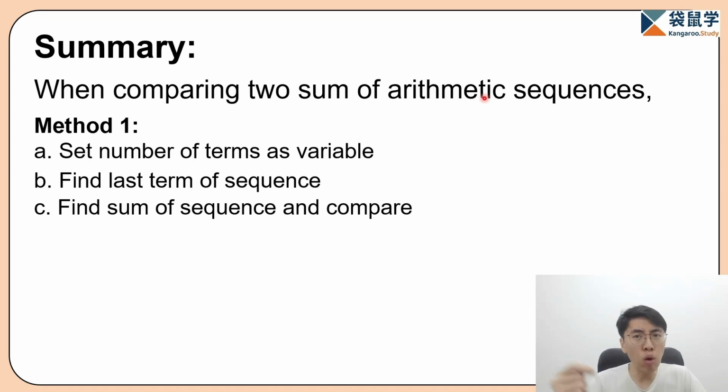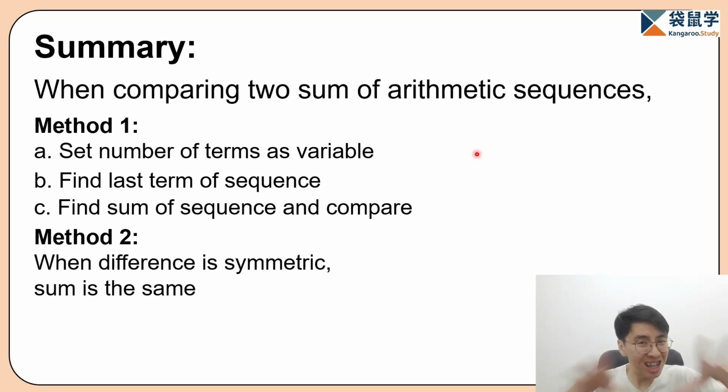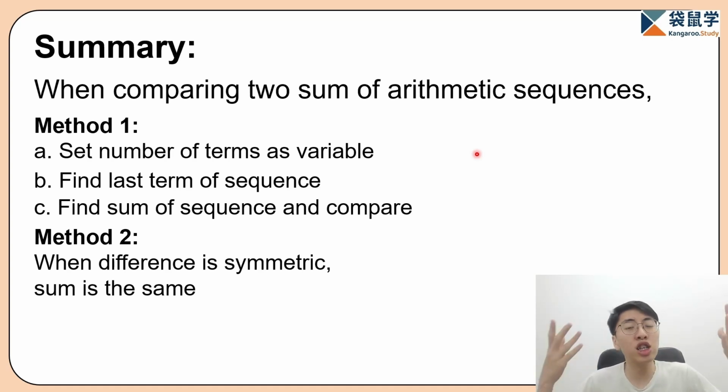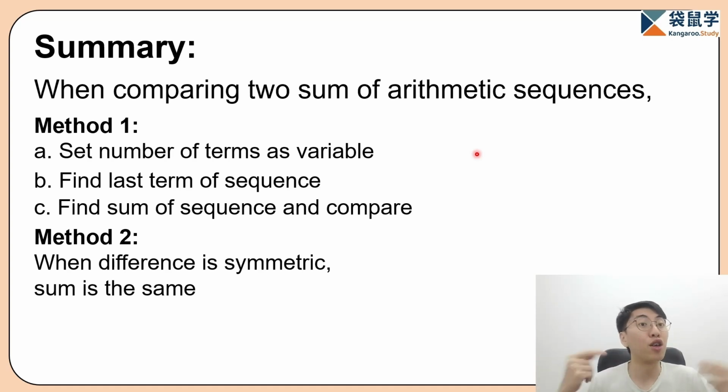Aside from that, what was the other method that we used? We realized that the parts are symmetric. So if they are symmetric, then what is the same? Their sum will be exactly the same. As long as it's symmetric, the sum will be the same. And that is all that we have learned for today.